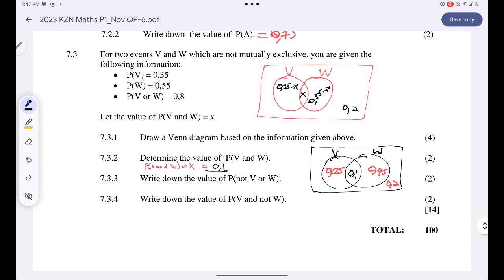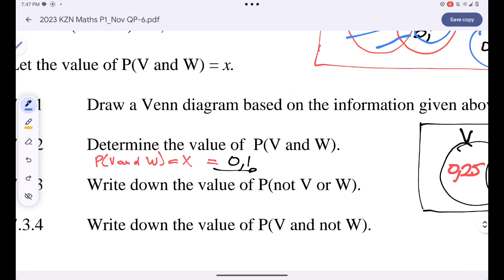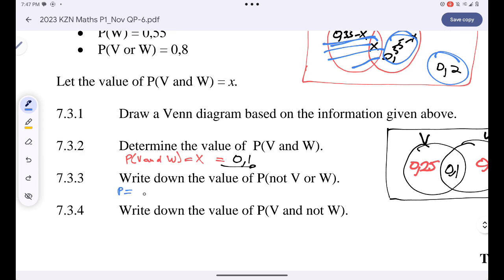Then they want us to find the probability of not V or W. We are excluding V like this and just focusing on W and that part over here. So that probability will be equal to 0.55 minus x plus 0.2.